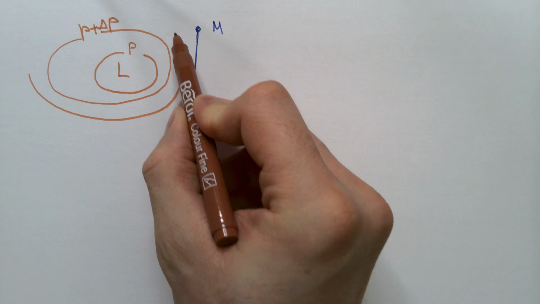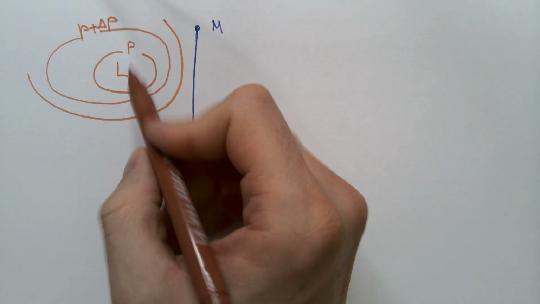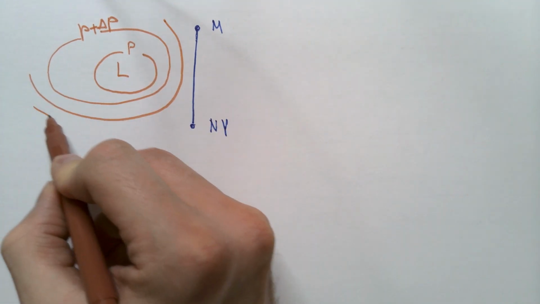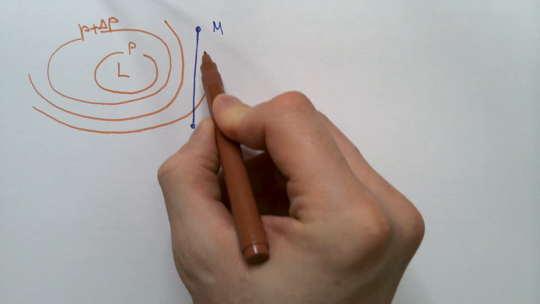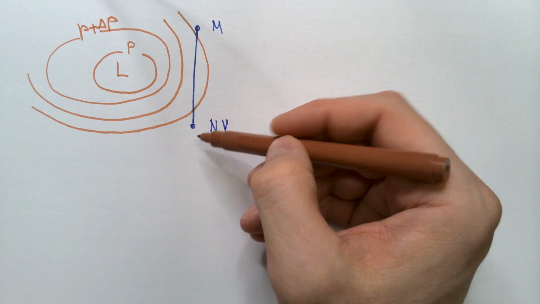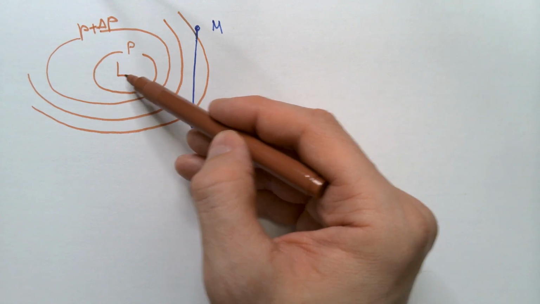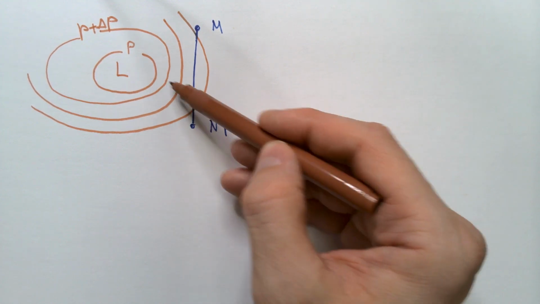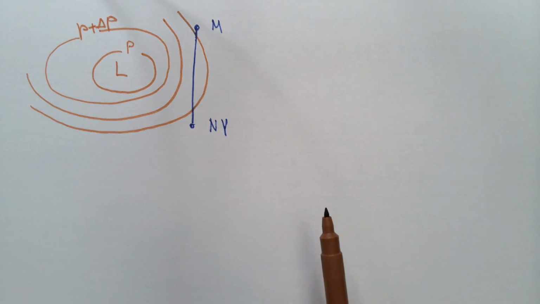Here is perhaps the next isobar, and as you can see, this pressure system is crossing your road. Perhaps the center of this pressure system is close and you can expect severe weather.